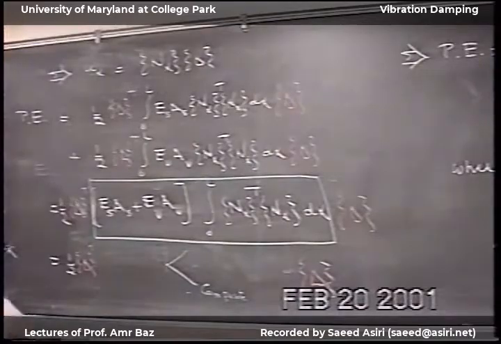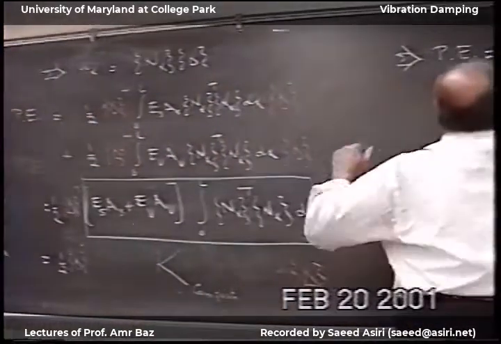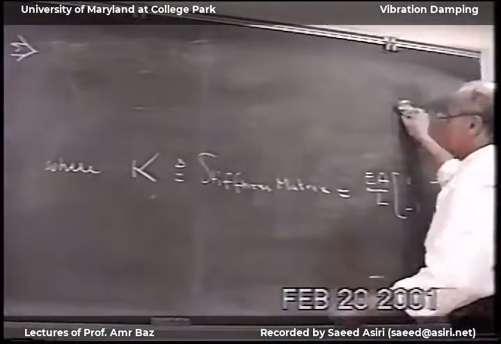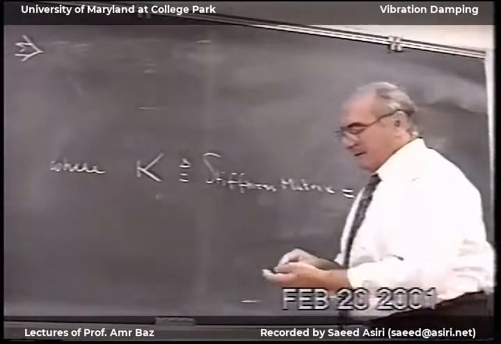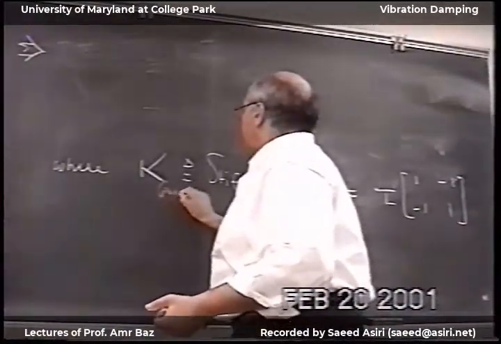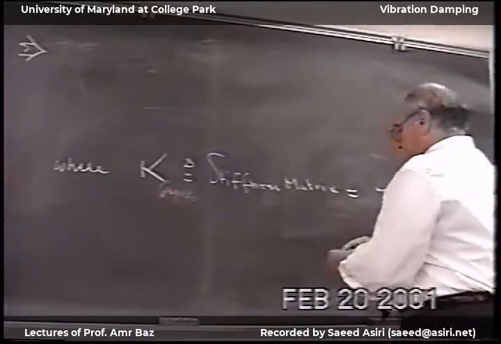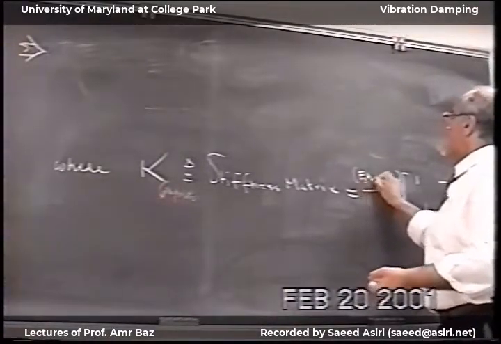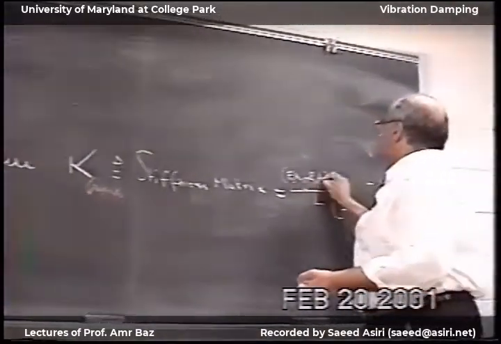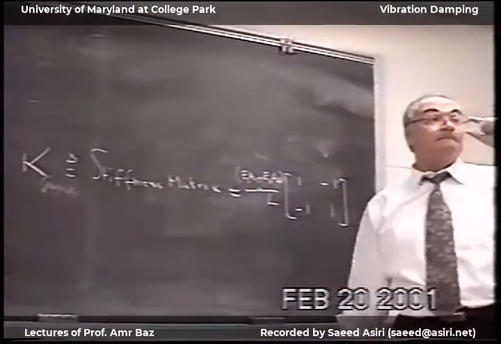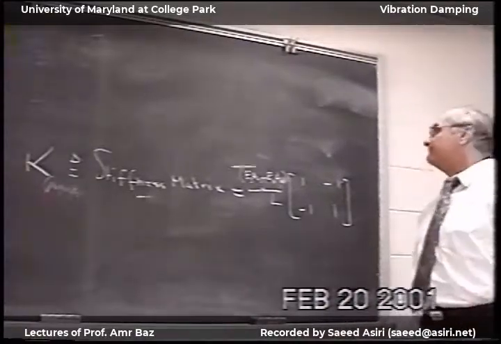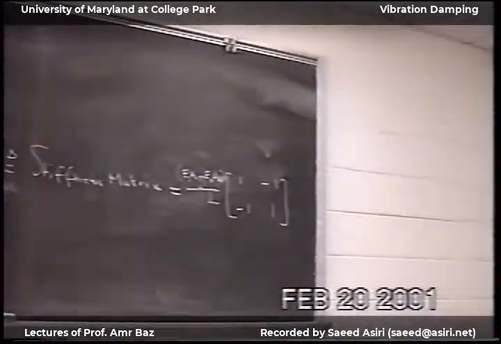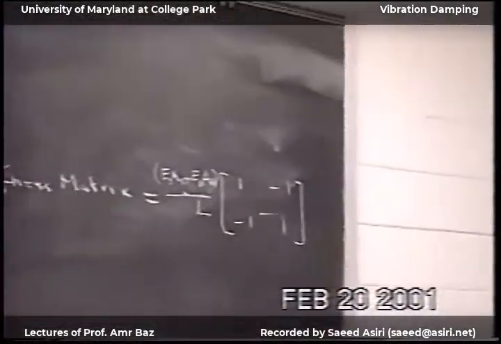And the final result will be K composite will equal to E structure, A structure, E viscoelastic, A viscoelastic. The mass matrix is very simple from the kinetic energy.